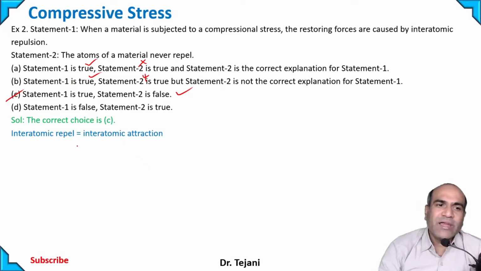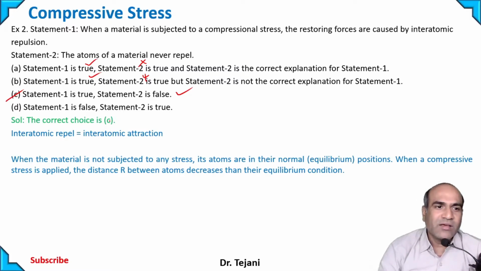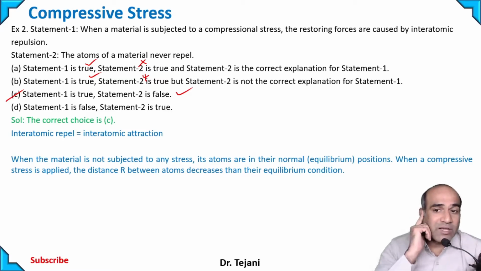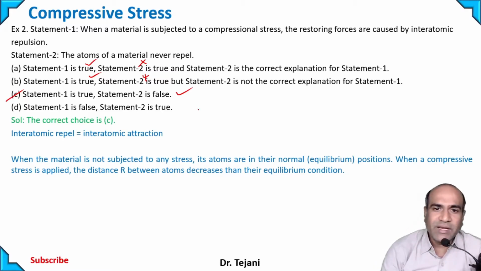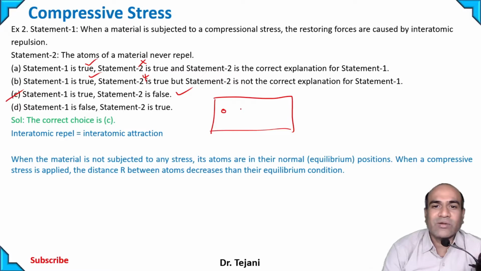See, intermolecular repulsion, or you can say intermolecular attraction, is always there and it always reacts. When the material is not subjected to any stress, its atoms are in the normal equilibrium position. We have seen this by drawing this object, right? Initially it has intermolecular spacing like that.